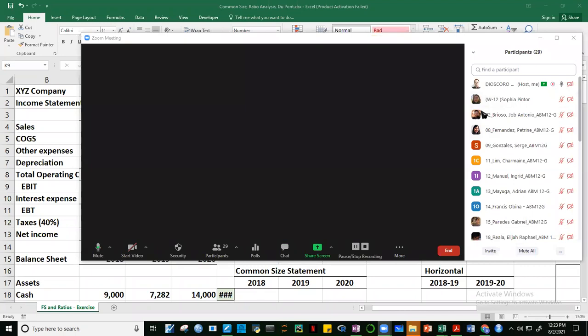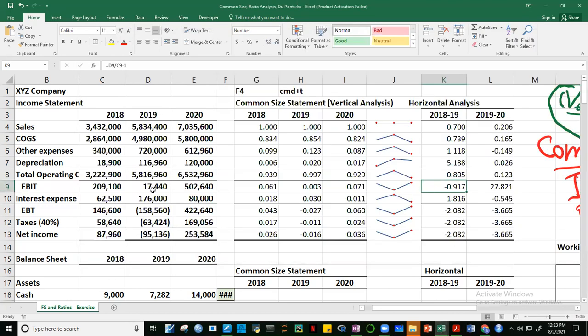Thank you, Elijah. Okay, there was a decrease. So ibig sabihin, EBIT or operating profit decreased by 91.7% between 2018 and 2019. Tingnan nyo, ang EBIT dito, 209,100. Noong 2019, 17,440 na lang. So there was a decrease of 91%.